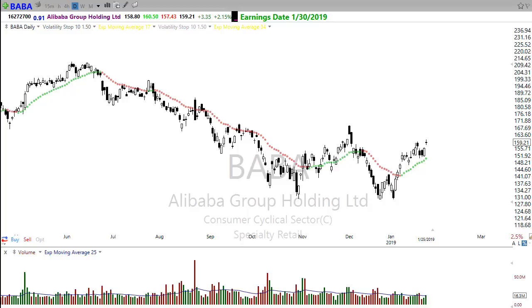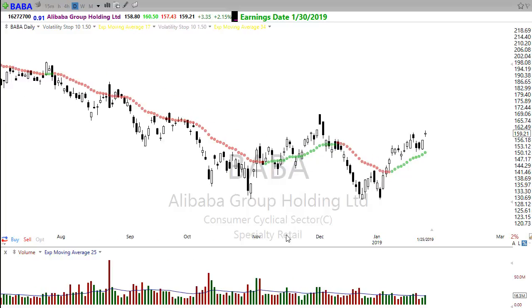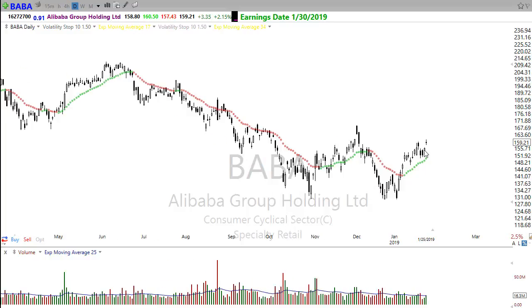Okay, Doug, a question. Say if price is above the green trend indicator, but the red volatility stop is above, would you consider an entry if there is a candle signal? Good question, Val. What Val is saying is we're looking at a chart where we're above this trending indicator.